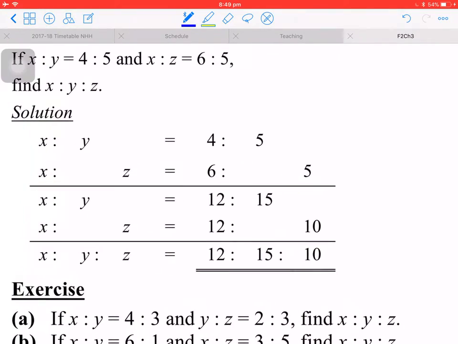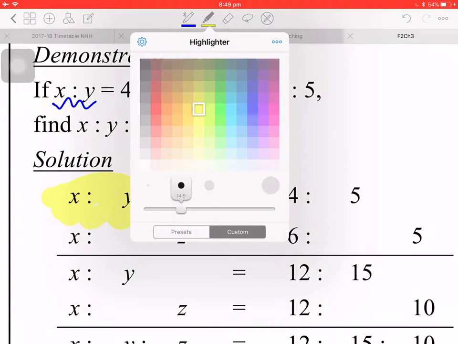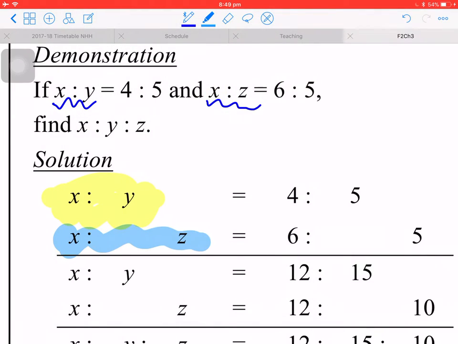So this will be something very common later, because you are given x to y and then x to z. That means you are going to have two pairs, so you are going to join them together. First of all, you have to find out what is common there.